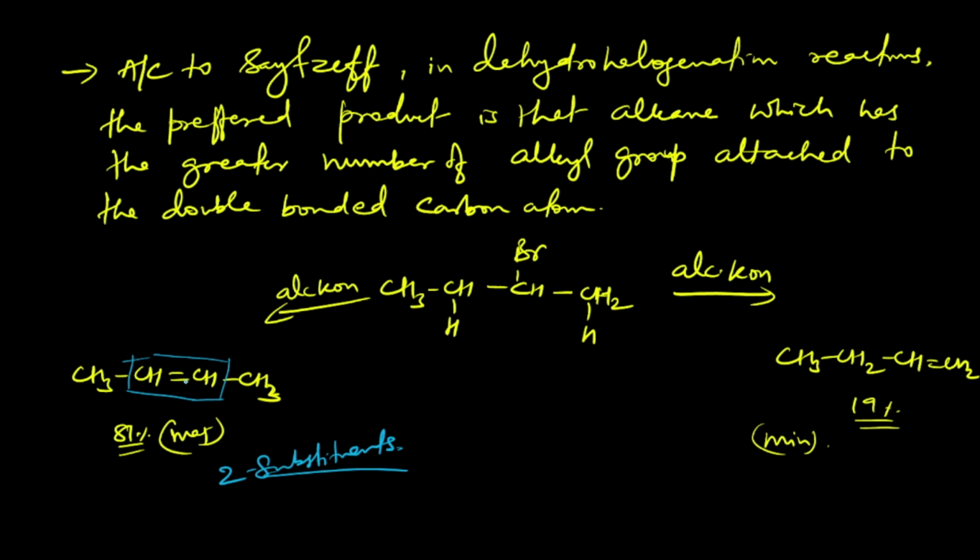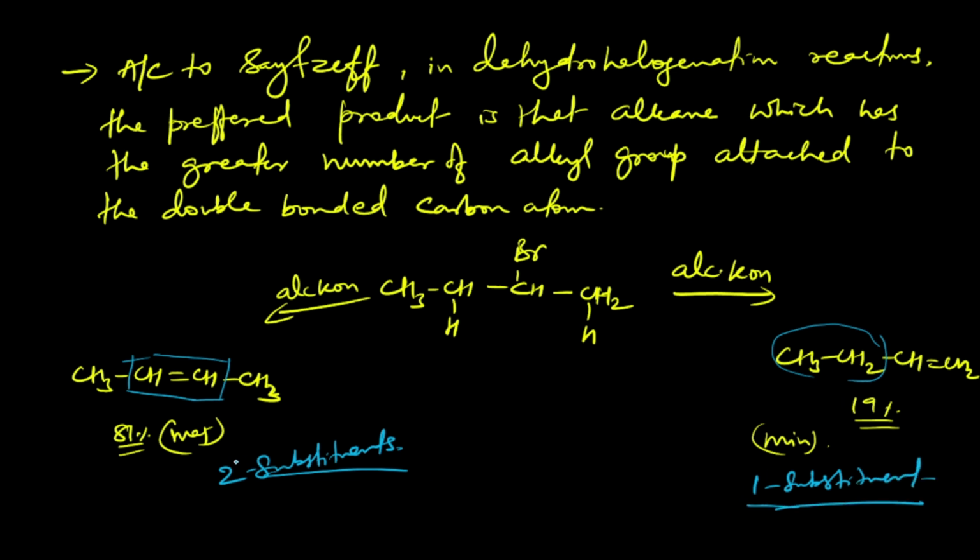See, one alkyl group is this side, another alkyl group is this side. With this double bond, two alkyl groups or two substituents are attached. Now for this, see this side only hydrogen is there. It means there is no alkyl group, there are no substituents. But with this carbon, one alkyl group is attached, this one, correct? So we can say here only one substituent, only one alkyl group is attached.